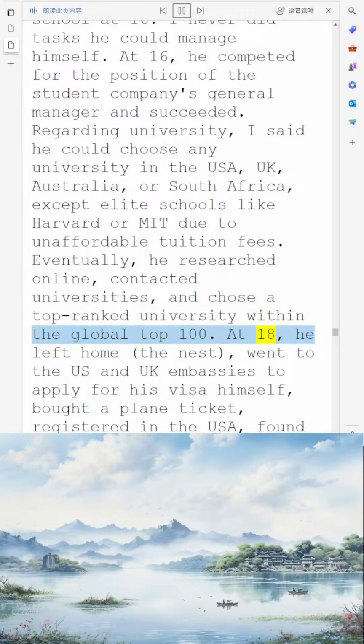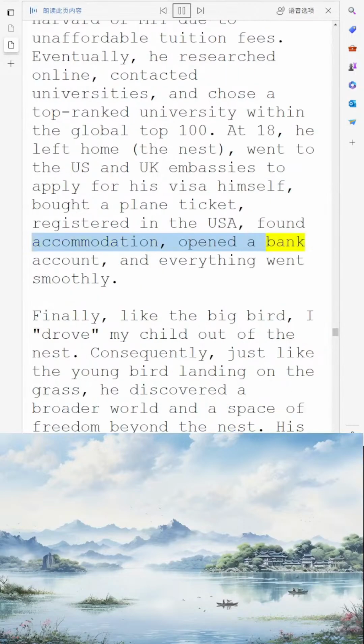At 18, he left home, the nest, went to the US and UK embassies to apply for his visa himself, bought a plane ticket, registered in the USA, found accommodation, opened a bank account, and everything went smoothly. Finally, like the big bird, I drove my child out of the nest. Consequently, just like the young bird landing on the grass, he discovered a broader world and a space of freedom beyond the nest.